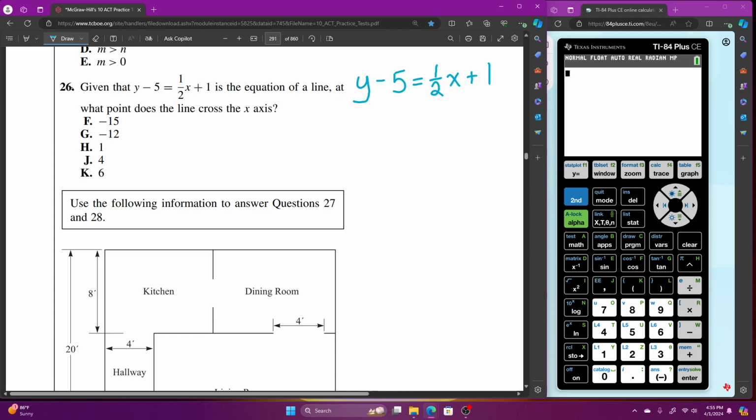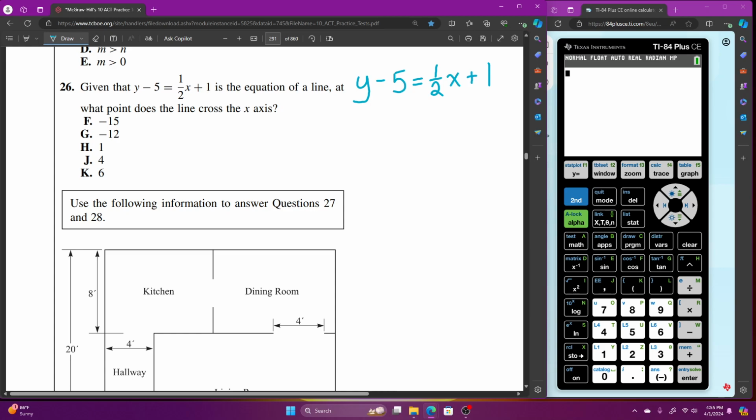Without being able to do that on your ACT, you're going to be pretty stuck, especially with trying to use the graphing feature on the graphing calculator. If you can't isolate the y, you are stuck.